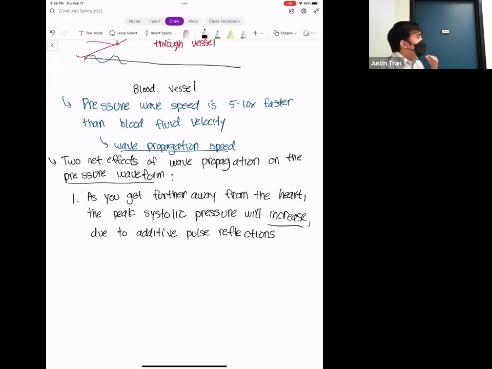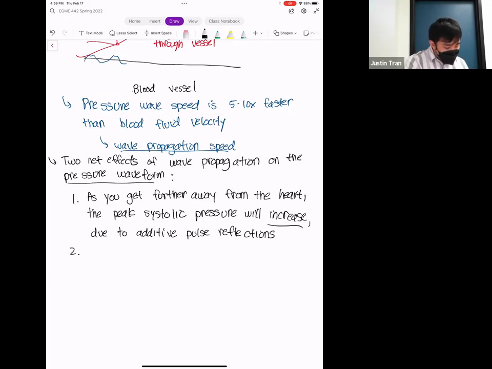And so that's why you don't see as much of these wave propagation effects closer to the heart, because by that time, after the wave reflects off the capillaries and comes all the way back, it has probably dissipated a lot of its energy. But if you're closer to the capillaries, then you basically have almost two waves interacting together at once. And so that's what leads to this higher pressure.